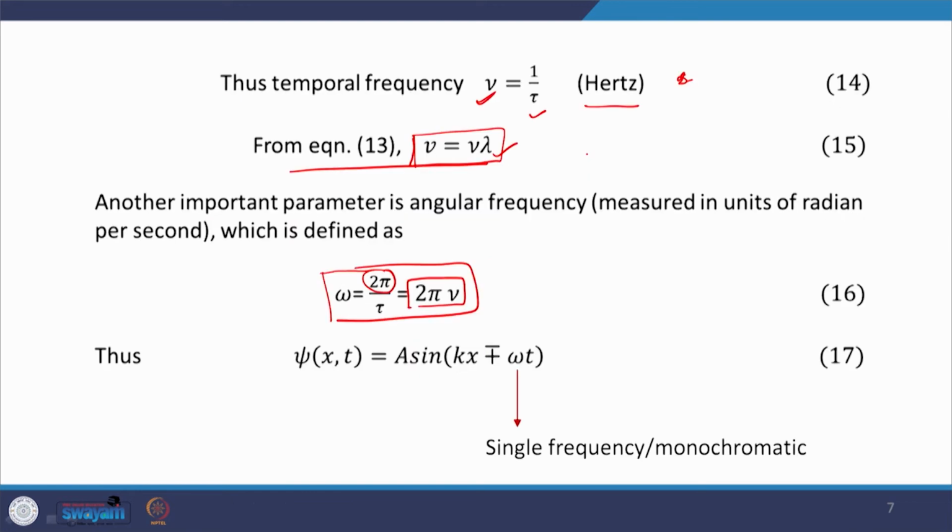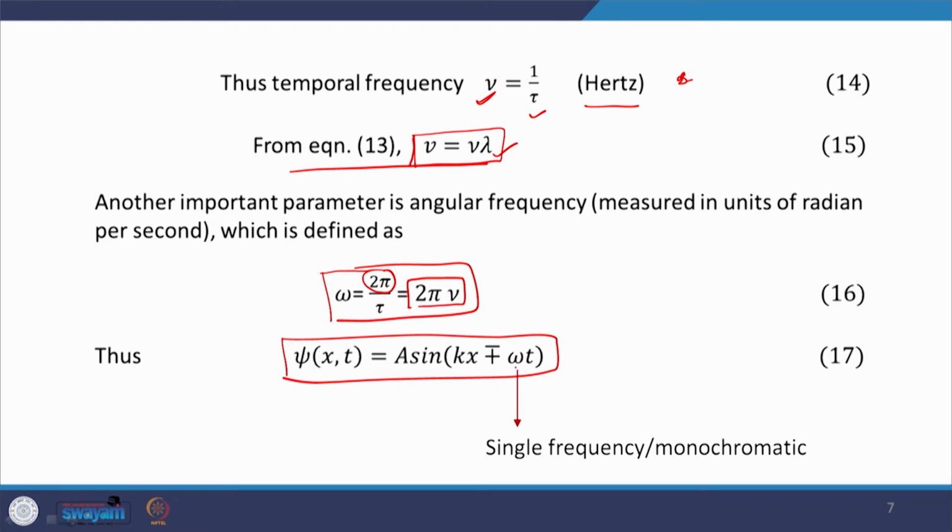The final expression of the wave function would be a sin (k x ∓ omega t). What do plus and minus represent? They represent the direction of the wave, whether it is propagating in the positive x direction or in the negative x direction.